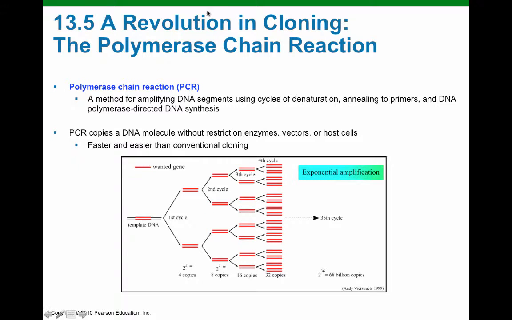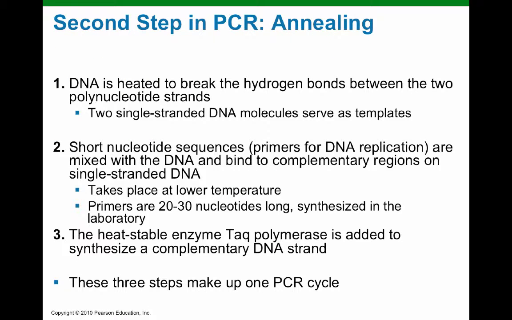So the first step of the process here involves heating up, and essentially the PCR machine will heat up the DNA so that it will separate. So you have this template DNA that then will separate into two strands, and that will be used for a template for a future cycle of replication.